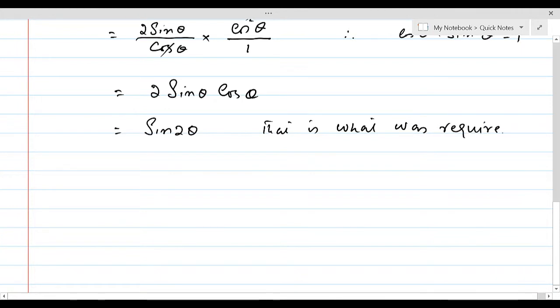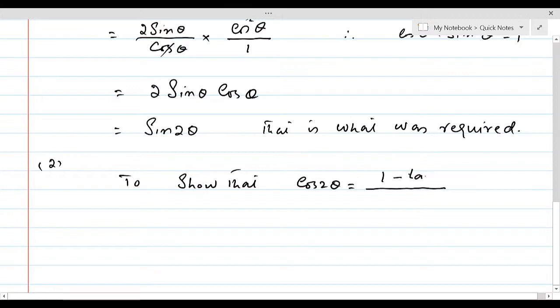And now the next question, question number 2. For the second question, we are required to prove that cos 2 theta is equal to 1 minus tan square theta over 1 plus tan square theta.